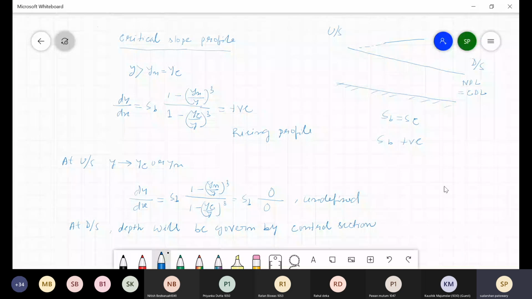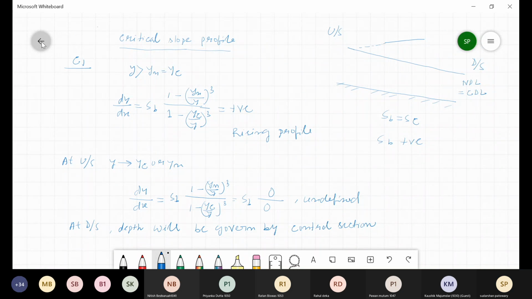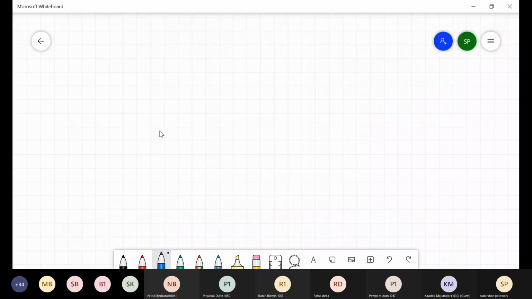So next, C1, this is C1. Next, C2. C2 does not exist.